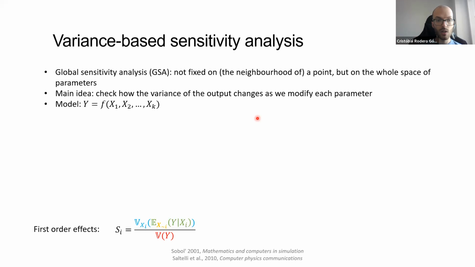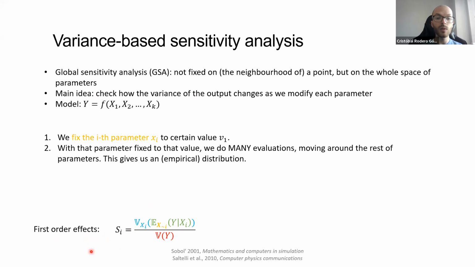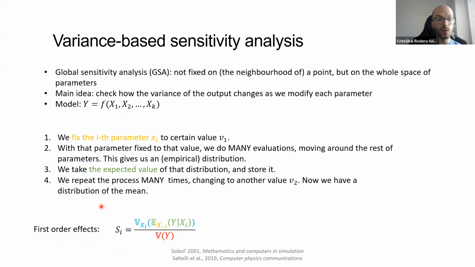So if we have a model here, this is the expression of the sensitivity analysis first order effects. We fix a specific parameter to a specific value, then we change all the rest, doing many evaluations of this function. In our case, the function is the simulation. Then we take the expected value.